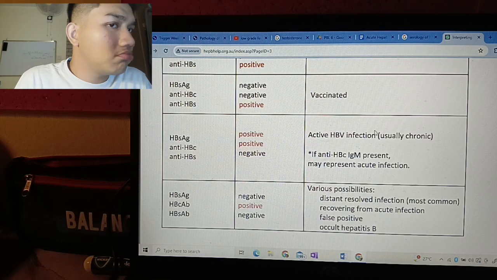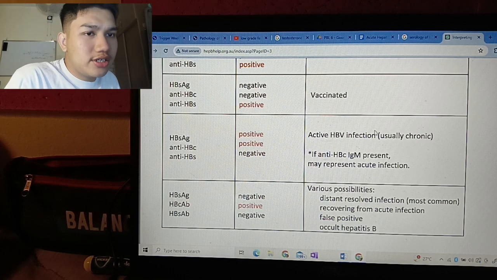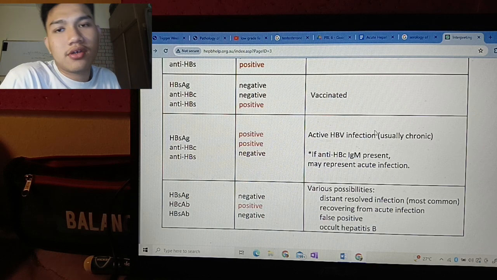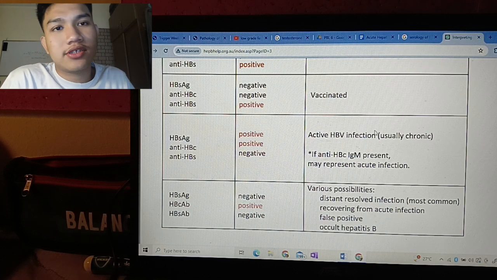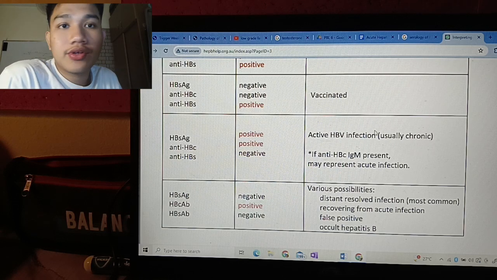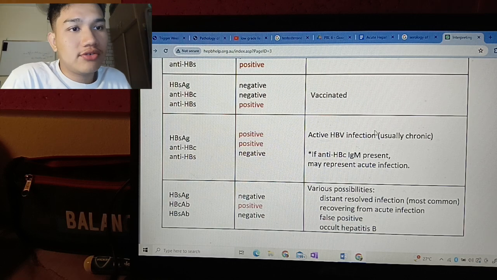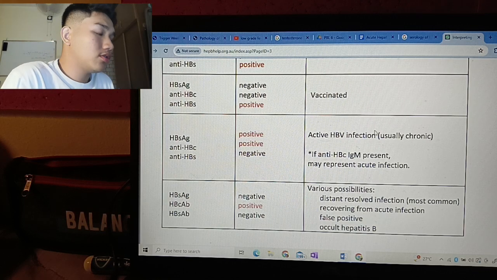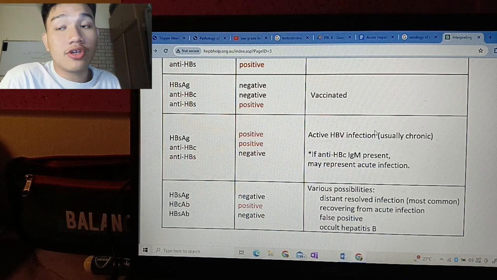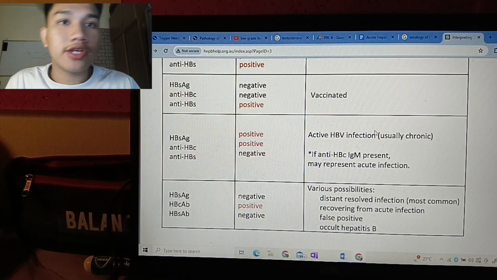Either highly likely to be false positive, because core antibody positive, but surface antibody negative. So it can be false positive ataupun distant resolve infection, and then mungkin baru recover from acute infection. Boleh jadi all these things lah. Alright, so that's it.